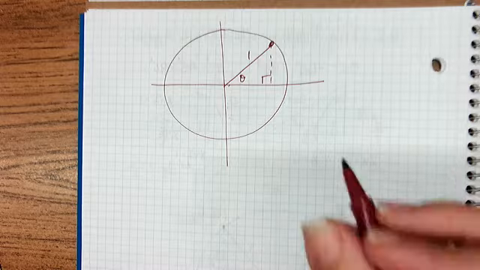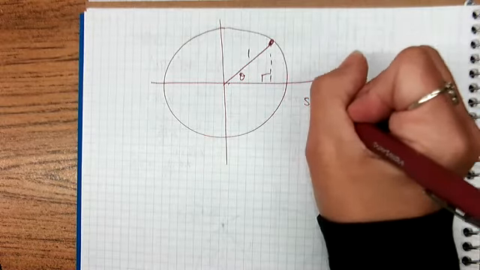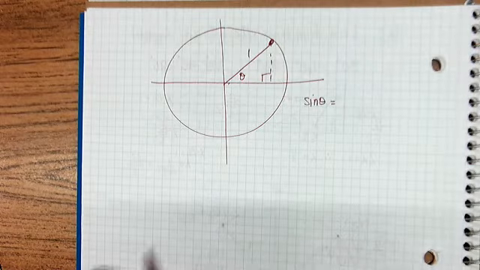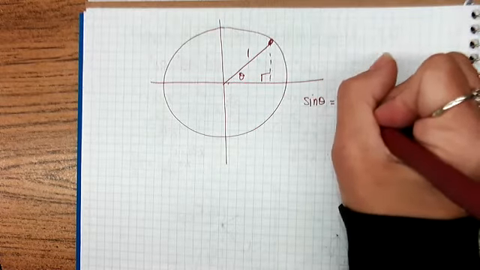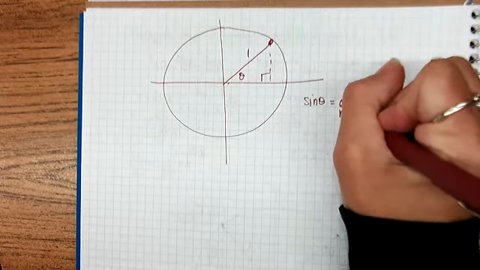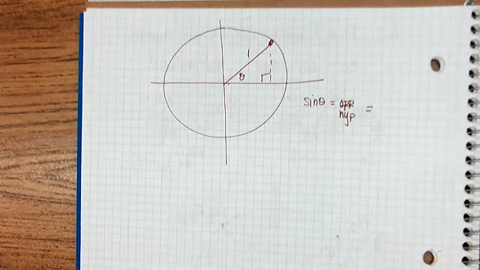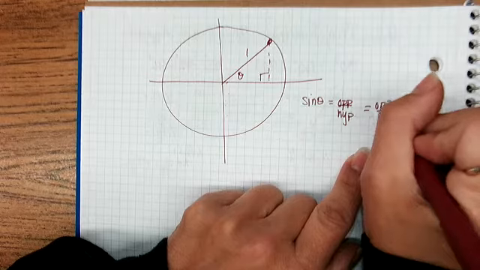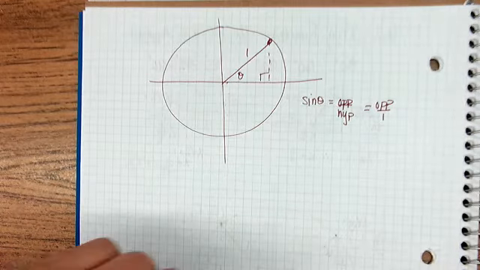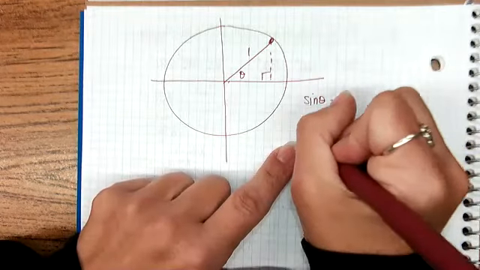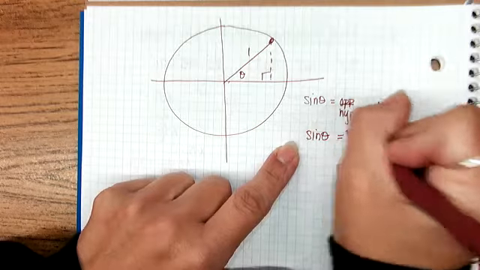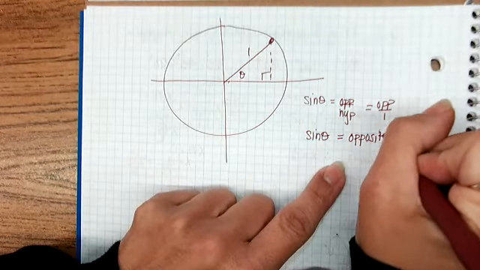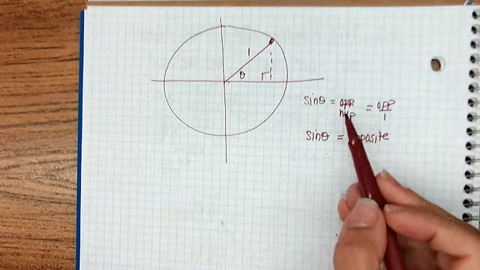So if I ask you to find the sine of some angle theta, that's going to be opposite over hypotenuse. But isn't the hypotenuse 1? So isn't the sine of theta just equal to the opposite side? Sine, opposite over hypotenuse.